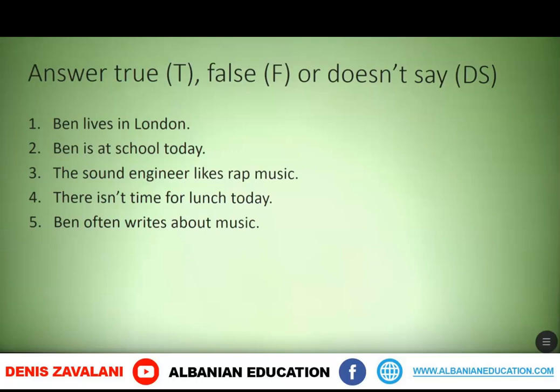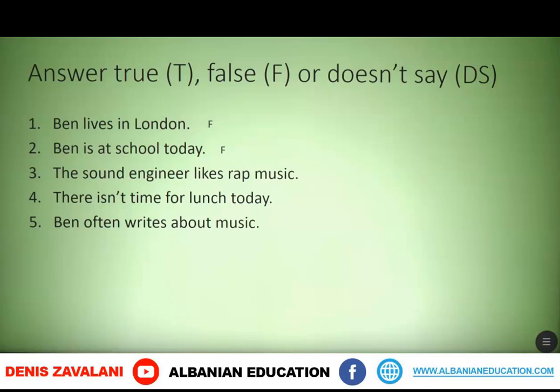Based on what you heard, Ben lives in London. Is that true or false? This is false. Second, Ben is at school today. What do you think? Okay, it's false. The sound engineer likes rap music.